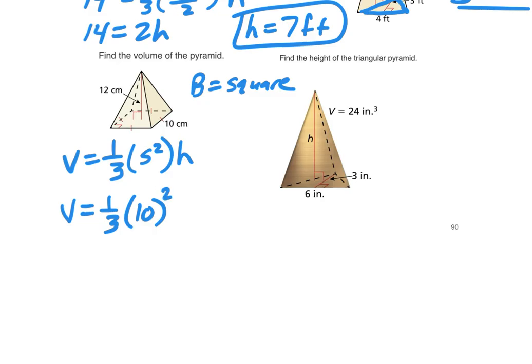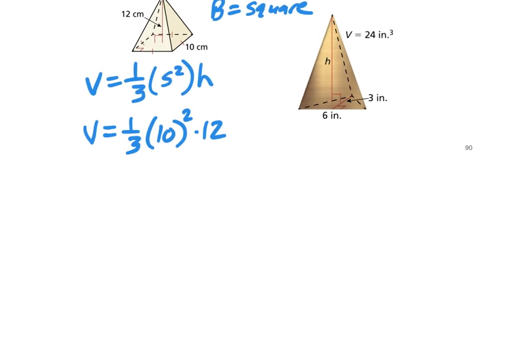So that's going to be our 10 squared times our height, which is 12. So that one is just plug it right into the calculator. I still think it's easiest to do 10 squared times 12 and then divide by 3 at the end rather than multiplying by a third. But it's kind of up to you, whatever you feel is easiest on your calculator.